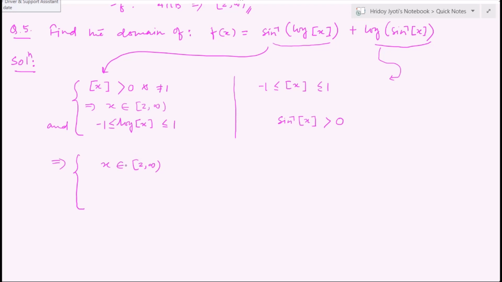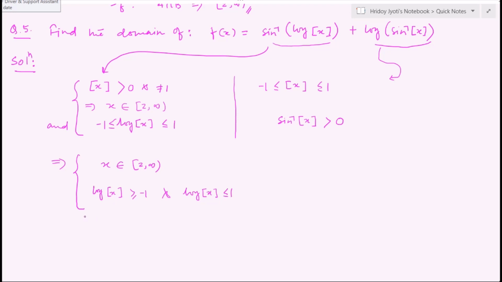So this entire thing will imply now x belonging to 2 to infinity, and log of this one is lying between -1 and 1, so we'll break it into two parts. Log of GIF of x is greater than or equal to -1, and log of GIF of x is less than or equal to 1.